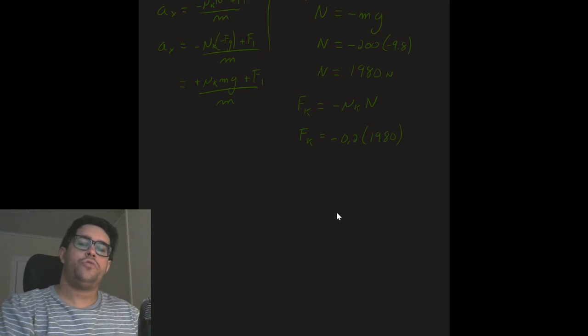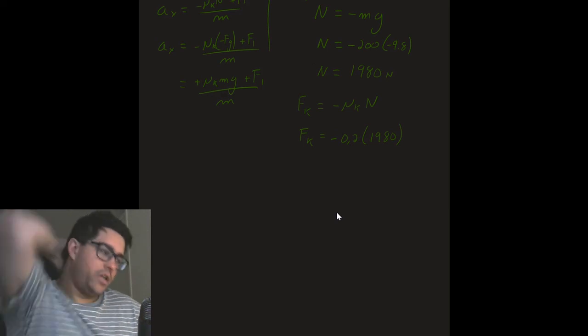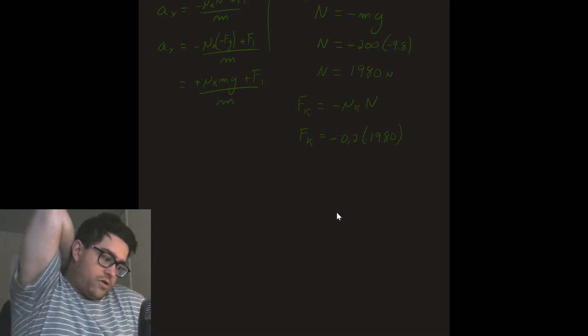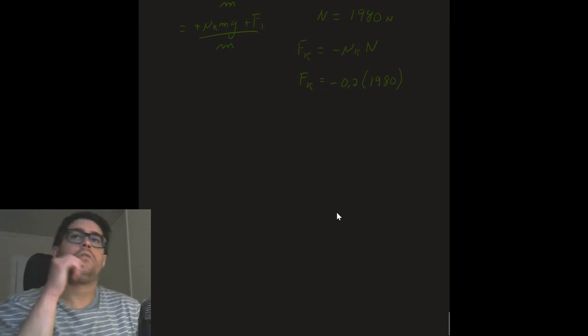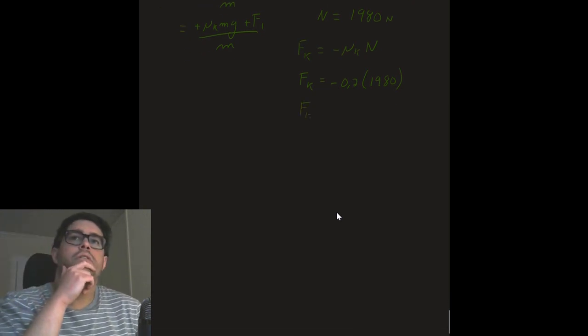Wait a minute. A fifth of 2000 is 400 minus a fifth of 20, which is 4. 2000 minus 4 is 1996. 400, 396. So Fk is minus 396 Newton.